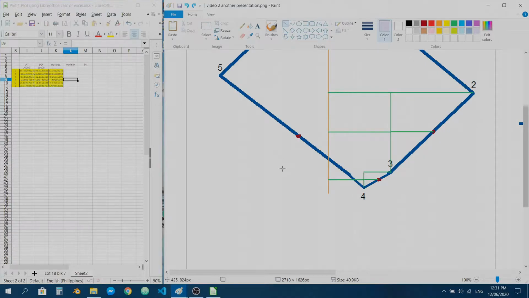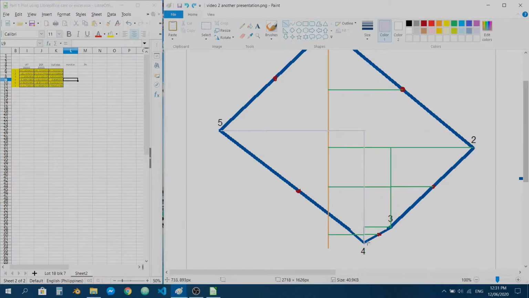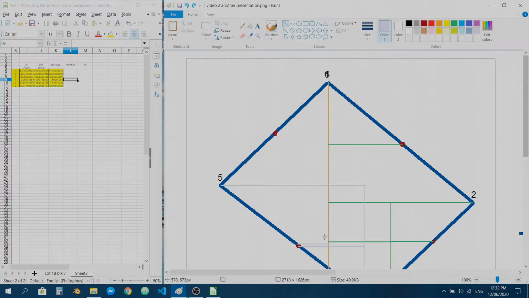Now for 4 to 5, this is our departure and this is our latitude. And our half departure is from here to the latitude, but our meridian is only this part, from the midpoint up to the common vertical axis.